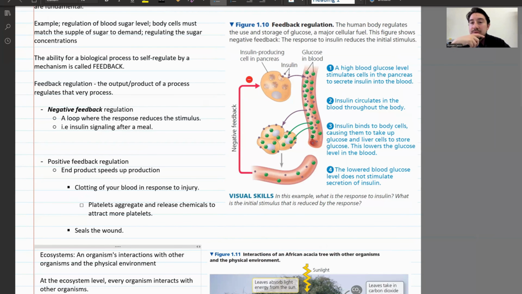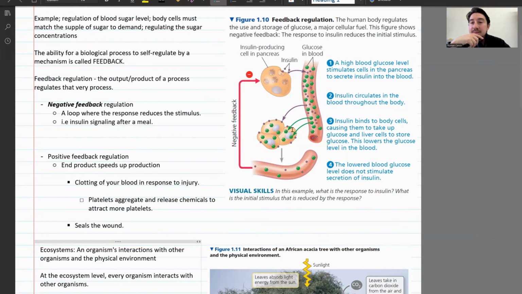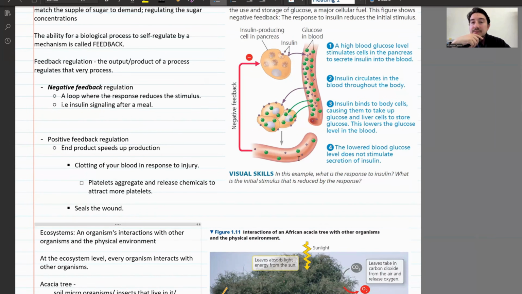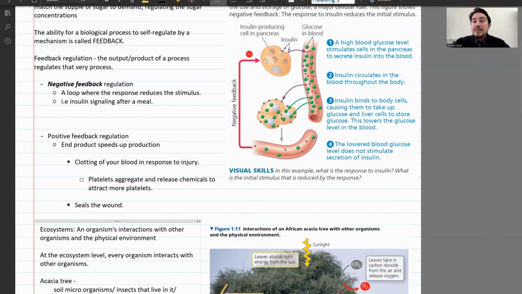Insulin circulates throughout the body. Insulin binds to body cells, and that tells them, hey, we need to collect some glucose and start either burning it or putting it in a storage form called glycogen. And that will lower the glucose concentration, right?